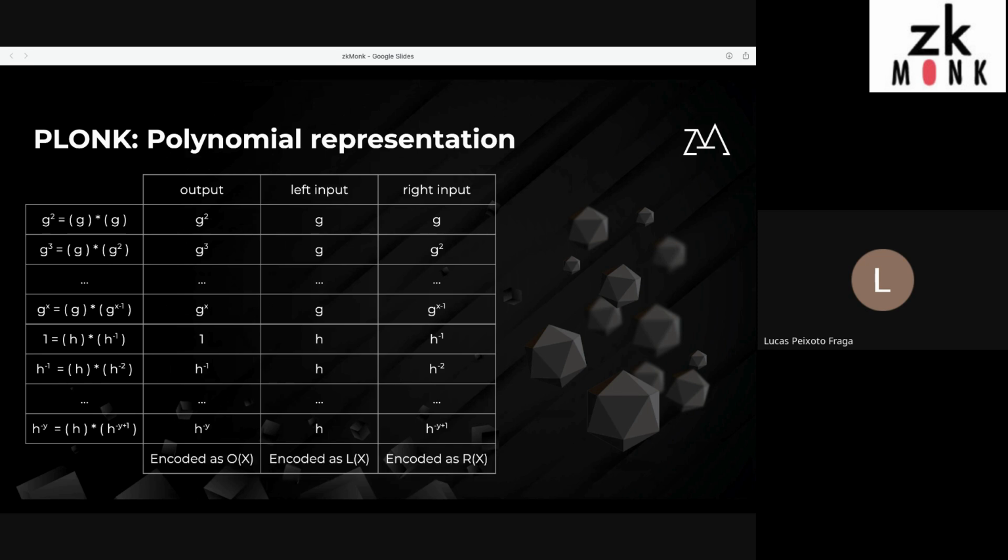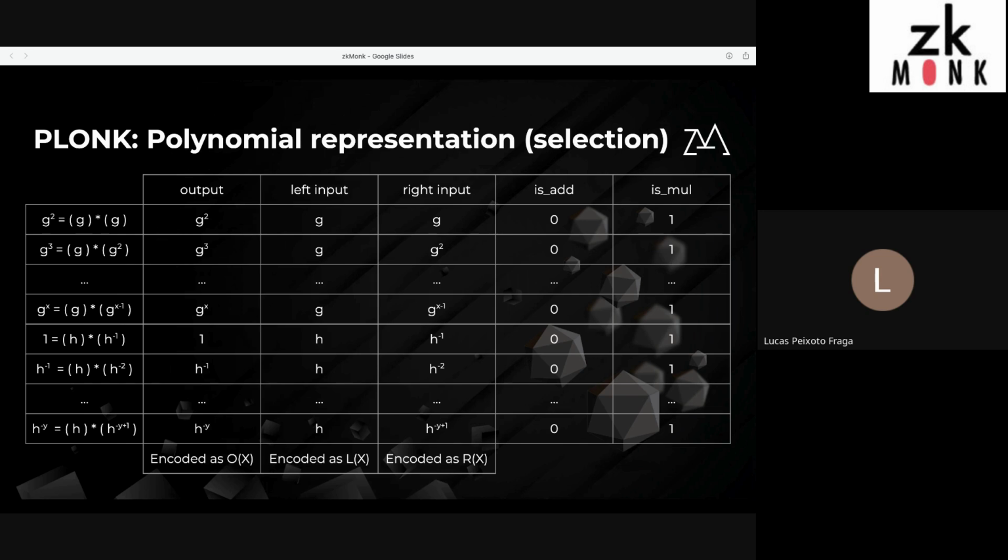And now we need to represent the operation that will be performed in each of these rows. And to do it, we need new columns to represent these operations. Here we are just using multiplication, so this entire column is 1 and this addition column is all 0. We call this selection.